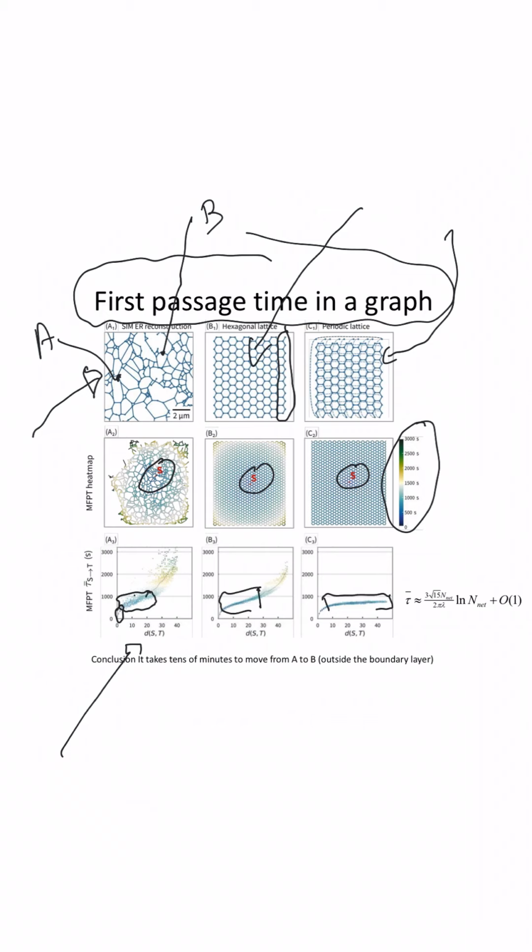This is very clear here in the case of the periodic lattice. And then there are regions where the time increases drastically. It also corresponds to regions that are very hard to access. Because they are connected with really few nodes, the time to enter this region can be very long. Okay, and so this gives us an idea of how the network topology can affect the mean first passage time.